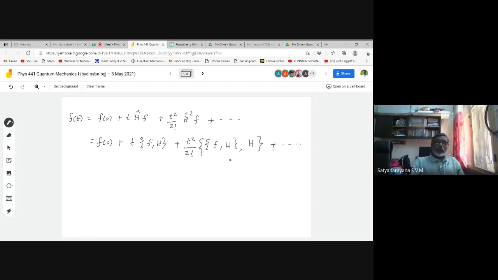So by calculating the Poisson bracket with h and its Poisson bracket with h, etc., you will be able to find out ft from f0. Okay.